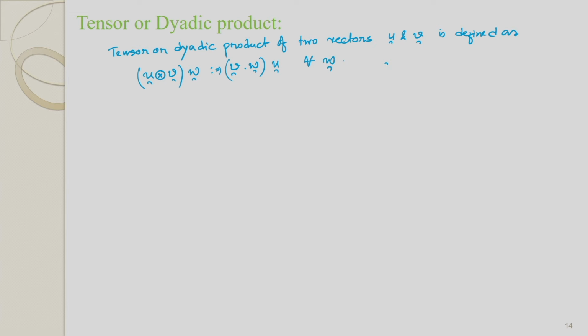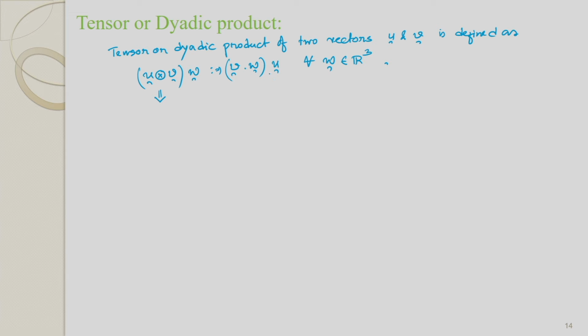For all W belonging to R3. So, this is the definition of dyadic product, where this is a second order tensor which is operated on a vector, and this is the definition.